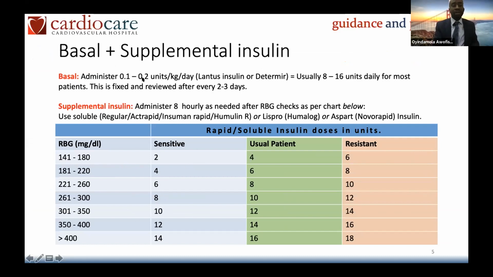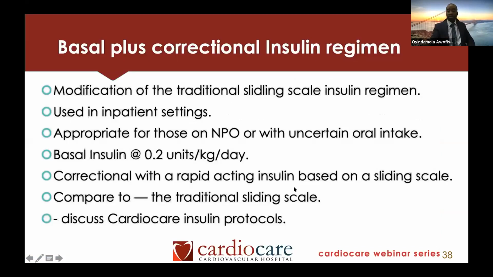The blood glucose is checked every 6 or 8 hours, and based on what is obtained, a certain amount of soluble or rapid insulin is administered at that period of time. So that is the basal or supplemental insulin, and it's most suitable for people that are either on nil per os or have uncertain oral intake.